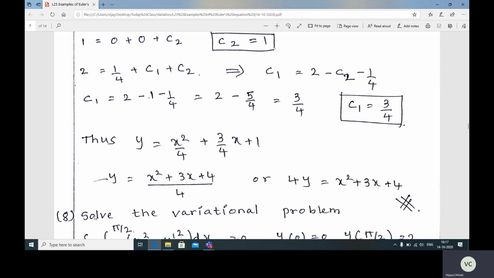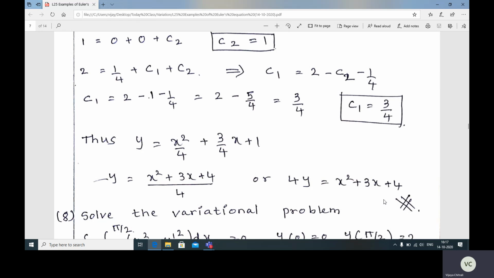Now if you want further simplification, take LCM. x square plus 3x plus 4 divided by 4. Take this 4 to this side, from the denominator it comes to this side, means here numerator. So 4y is equal to x square plus 3x plus 4. So this will be the required solution.